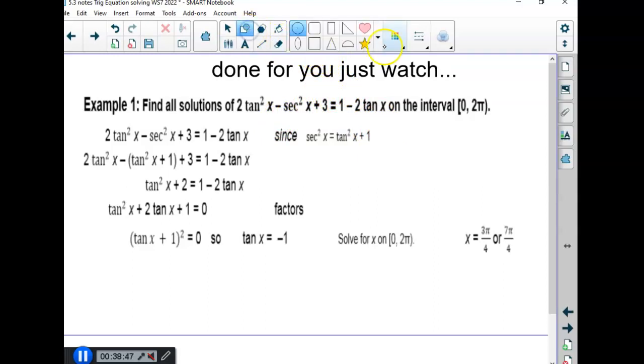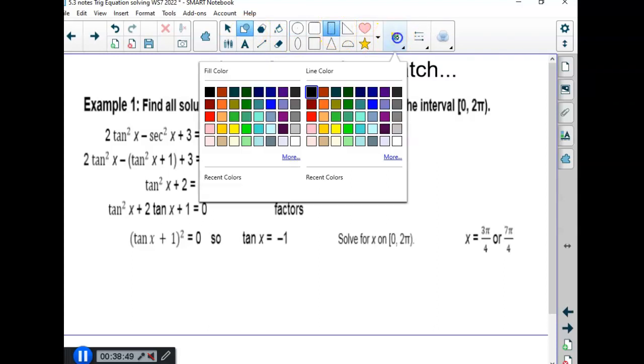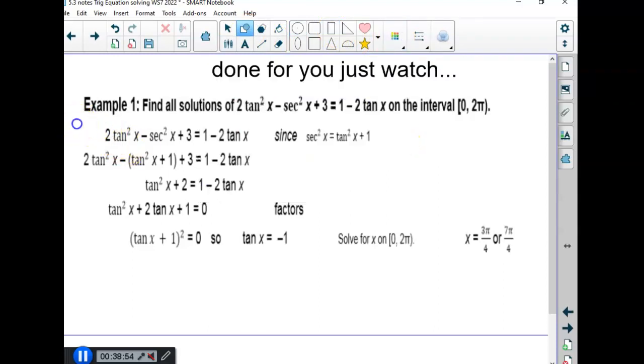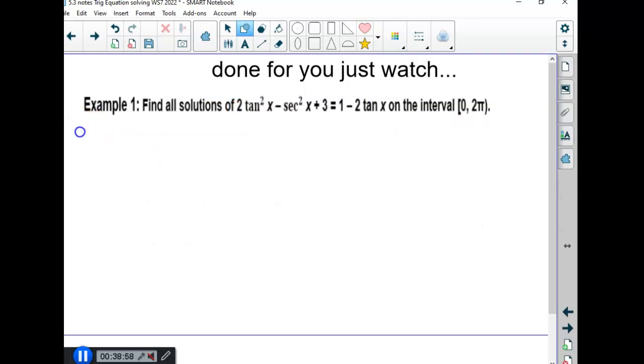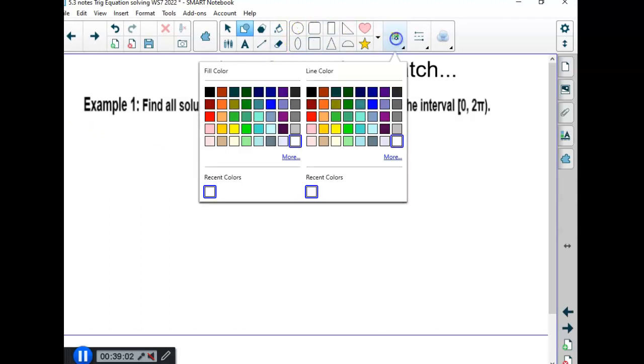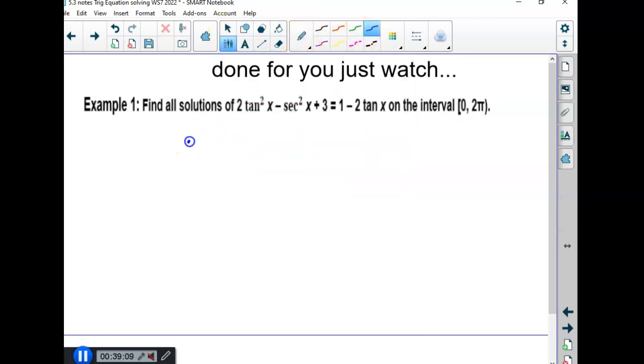Let me do this. I'm going to cover all this up. Here we go. The reason I know I need a trade, I don't want a box, I want my pen. Okay.